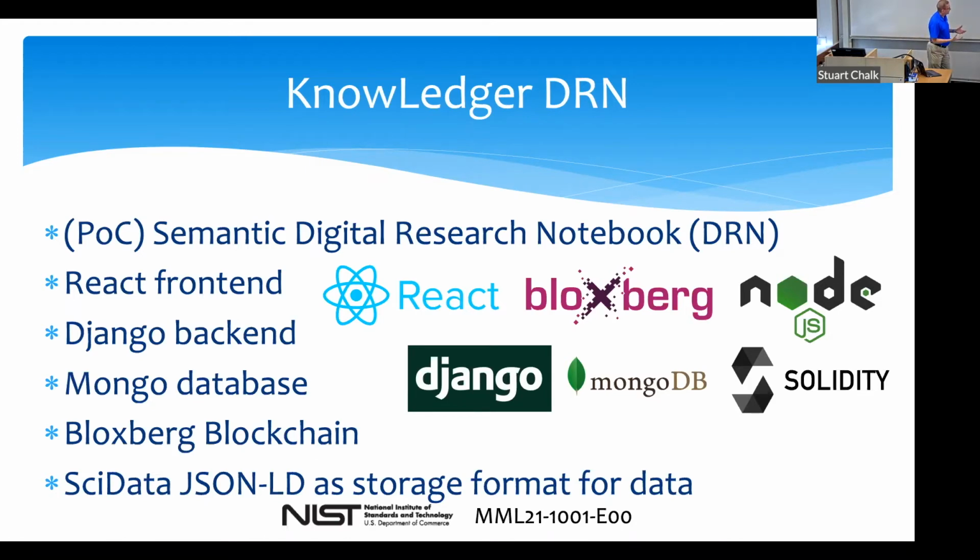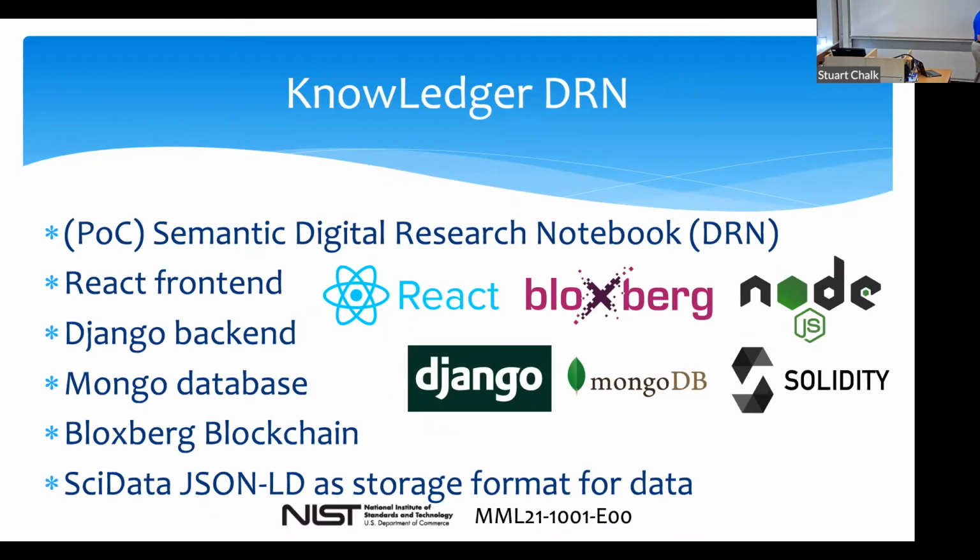So what we built was, I basically gave the student free rein to decide how they wanted to do the interface because they were the information science student. So they chose React to do the interface. We used Django and Python in the background, but there is some Node.js in there. MongoDB as the database, because that's a JSON database.